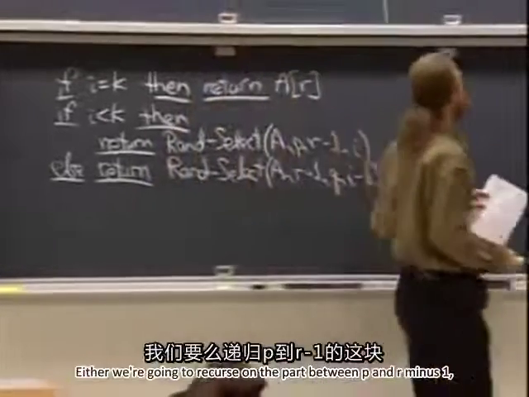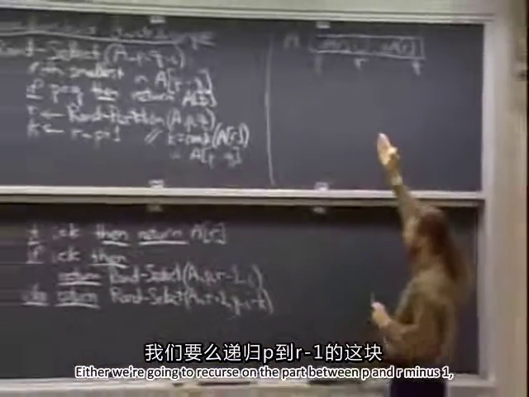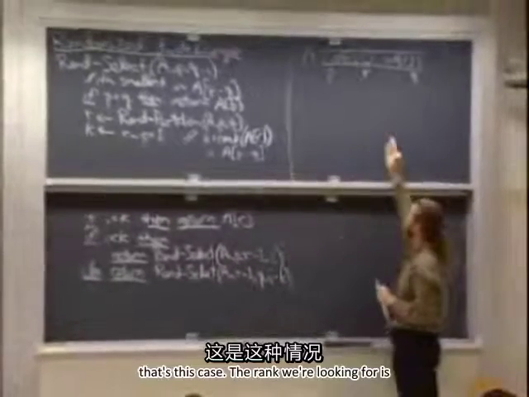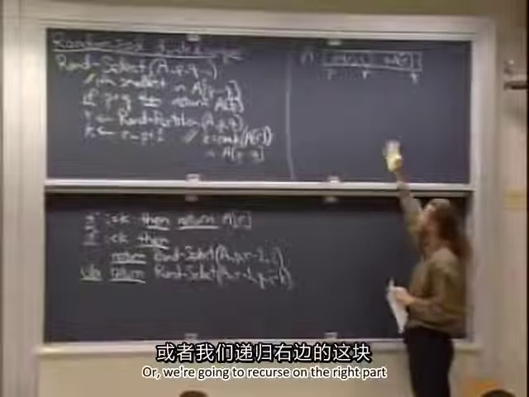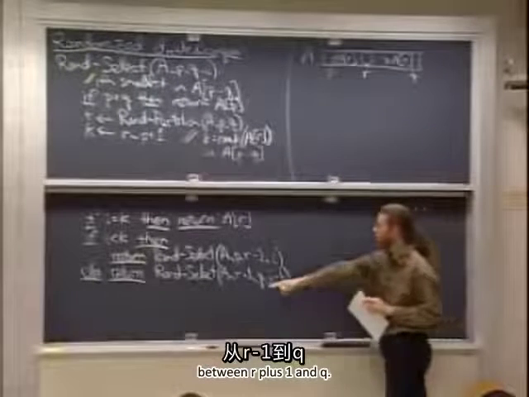So either we're going to recurse on the part between P and R minus 1. That's this case. Well, the rank we're looking for is to the left of the rank of element A of R. Or we're going to recurse on the right part between R plus 1 and Q.